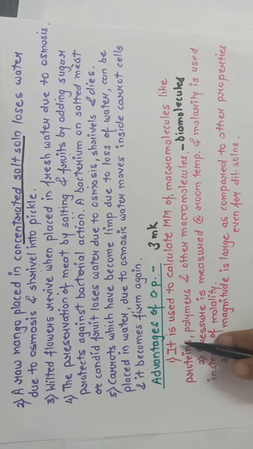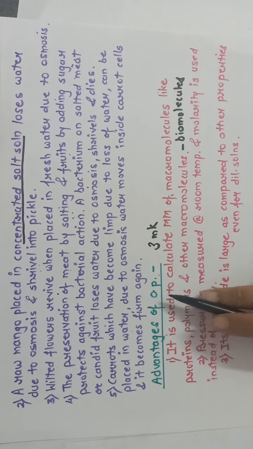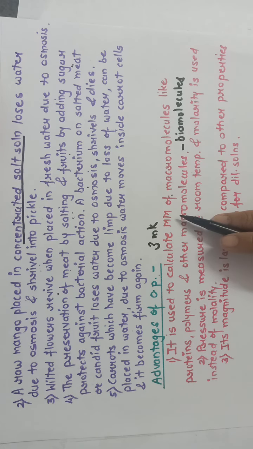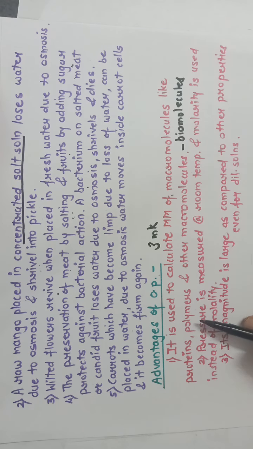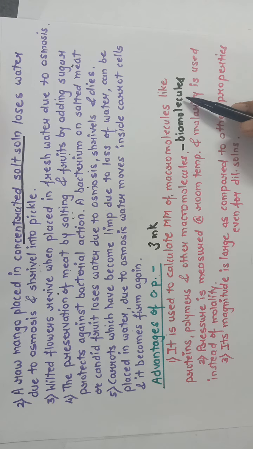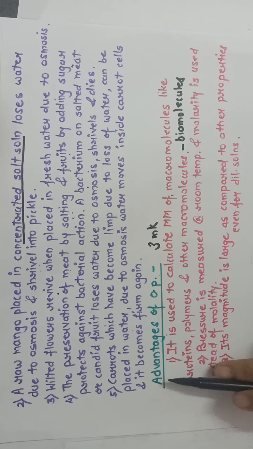Now why are we using osmotic pressure for calculation of molecular mass of these biomolecules? Because polymers generally have poor solubility in water, and biomolecules are comparatively not stable at high temperature, and therefore their molecular mass can be calculated using osmotic pressure.